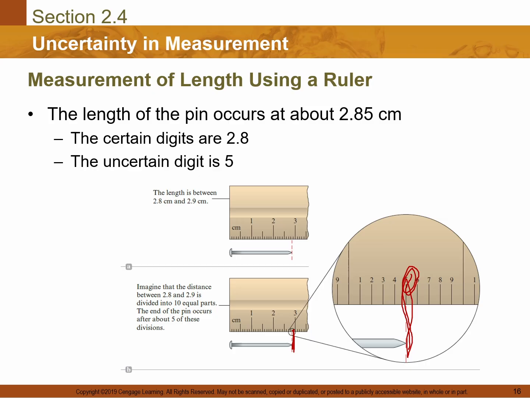We can guarantee reading the 2.8 part because the marks in between are directly measuring the 8, but we cannot say for certain the mark in between, which is why they drew this in here, and why I'm crossing it out, because the ruler doesn't have that. This is the mark the ruler has. We can see it lands in between those marks, so that's why we add that uncertain digit. Different measuring tools have different levels of precision.